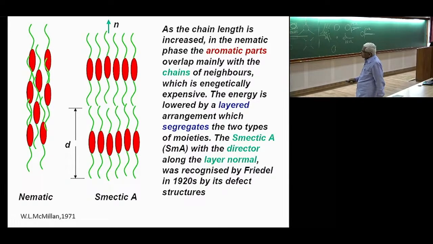And in fact, McMillan pointed this out. I must go back in history a little bit. Jacques Friedel, in the 1920s, saw a texture of this, which I will exhibit in the next slide. And he immediately said, this must be a layered system.